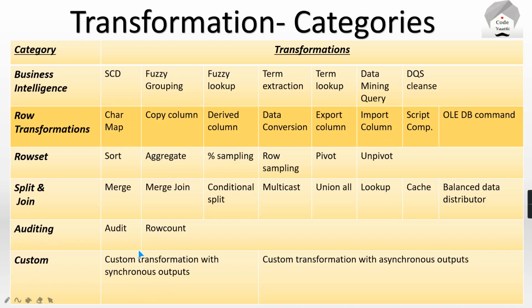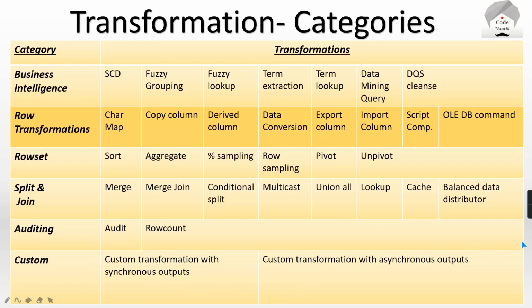Next comes the custom category. In this we can see synchronous output and asynchronous output, so we can create our own transformations. Synchronous output means the rows flow directly into the memory buffers in the transformation and come out from the buffers directly, and no rows are held up here, so it is much faster.